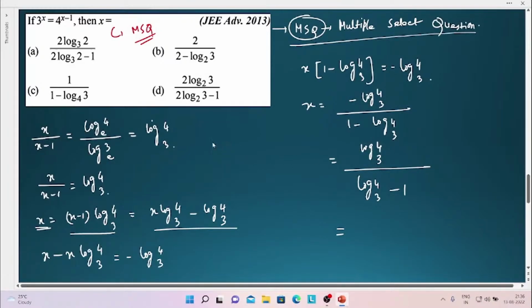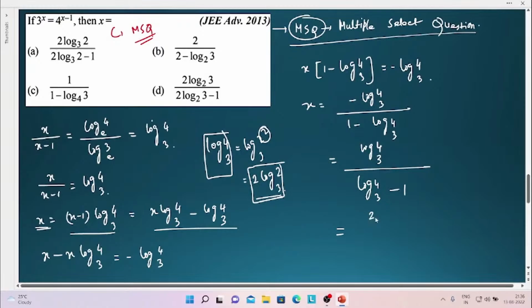write that part as follows. Log 4 base 3: 4 can be written as 2 squared, and the base is 3, so that 2 comes outside the log as the coefficient of log 2 base 3. So we can write log 4 base 3 as 2 log 2 base 3, right?